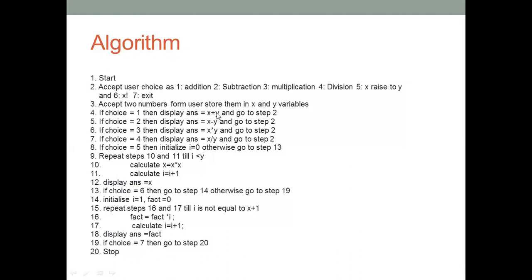So if choice is 1, we need to perform addition. Similarly, 2 for subtraction, 3 for multiplication, division, and so on. For each of these operations, you have to use arithmetic operators available in Python, like plus, minus, asterisk mark, division symbol. For exponential, we'll see we can use exponential symbol also.